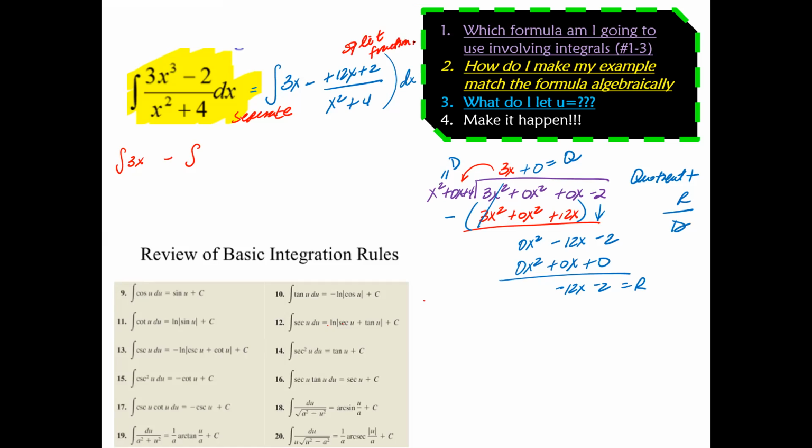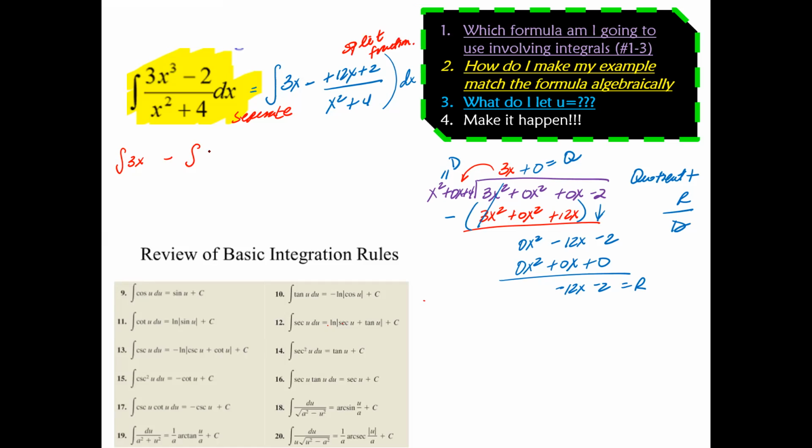The reason we want to do that is because even if you have a u substitution of x squared plus 4, du is 2x dx. So 2x is not going to cancel with the 12x plus 2. It's just not going to happen. So in this situation, we're going to split the fraction on top.